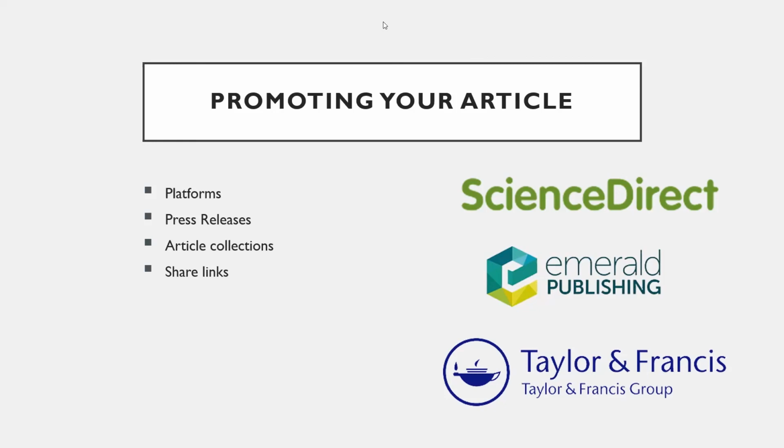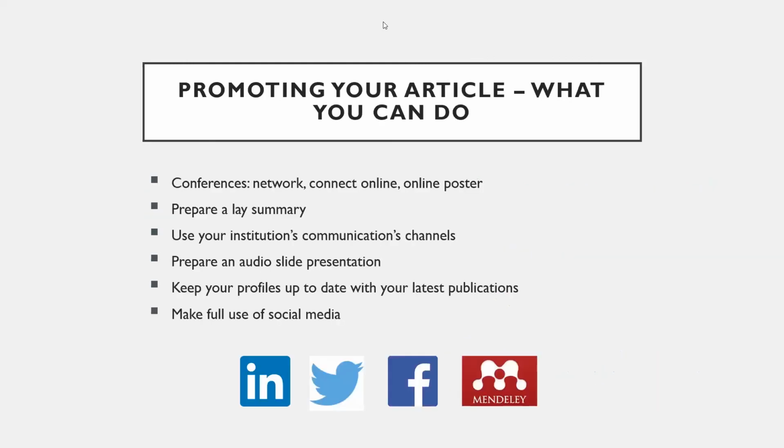How do you promote that? Here I see promoting your work in conferences, networking, connecting online, doing a poster, preparing a live summary, using your institution's communication channels, preparing audio slides, and using Facebook, LinkedIn, and Twitter.